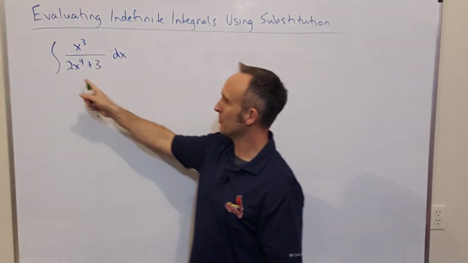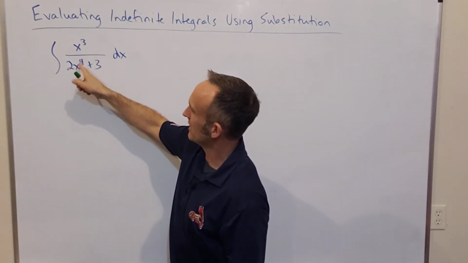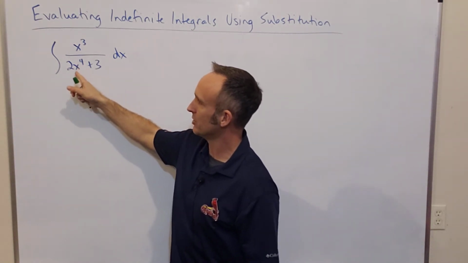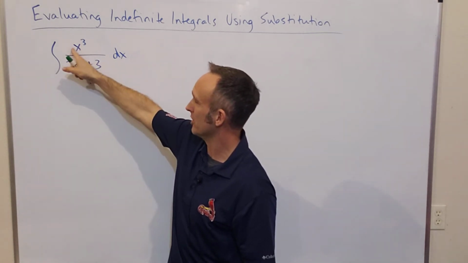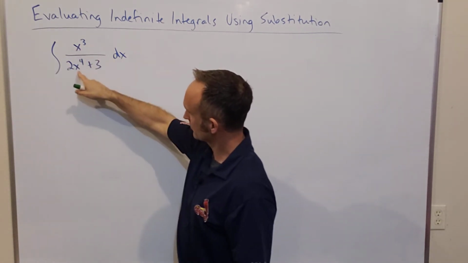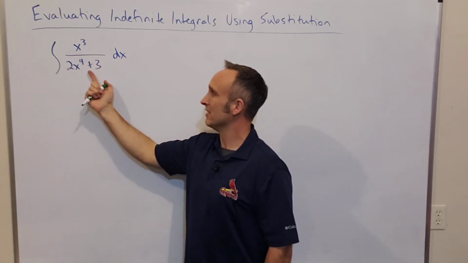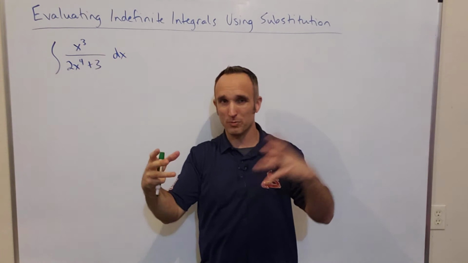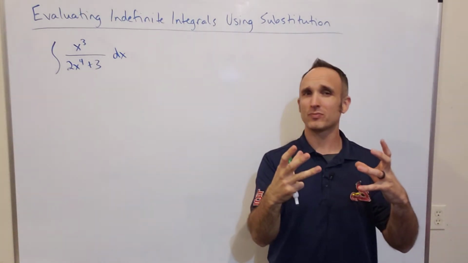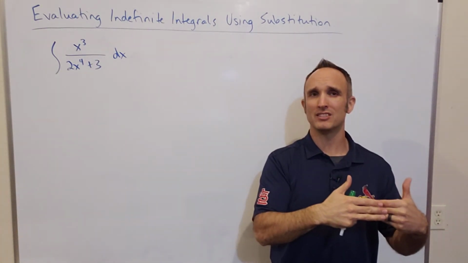When I look at this, I'm thinking, well, I can see that I've got an x to the 4th, and the derivative of an x to the 4th is an x to the 3rd, right? So I'm going to let u be my denominator, and the plus 3 is good. I want to absorb constants into my u if I can, because the derivative of those constants is 0.